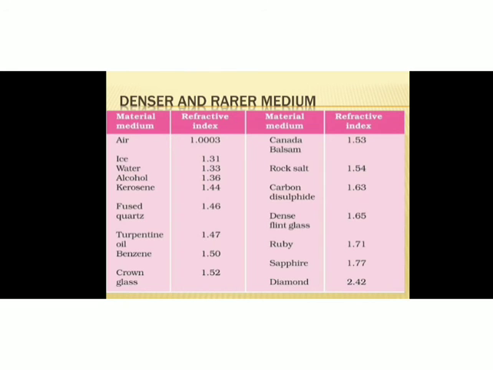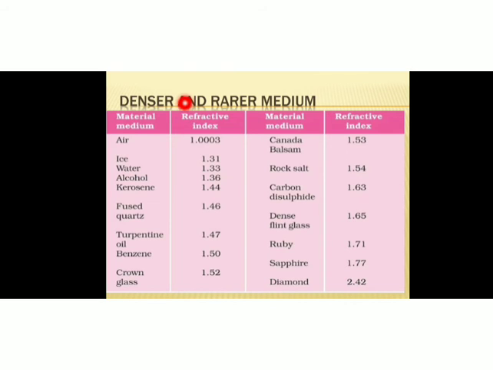So air having the least value of refractive index is the rarer medium. But look at diamond. Diamond has the highest value of refractive index, 2.42. So it is the denser medium among all other media. Okay, so from the values of refractive index we can identify denser and rarer medium.